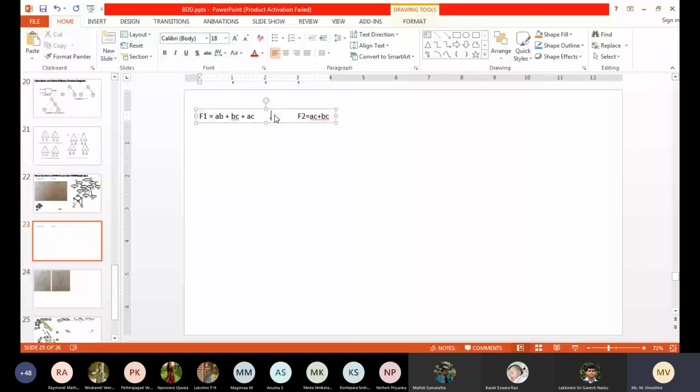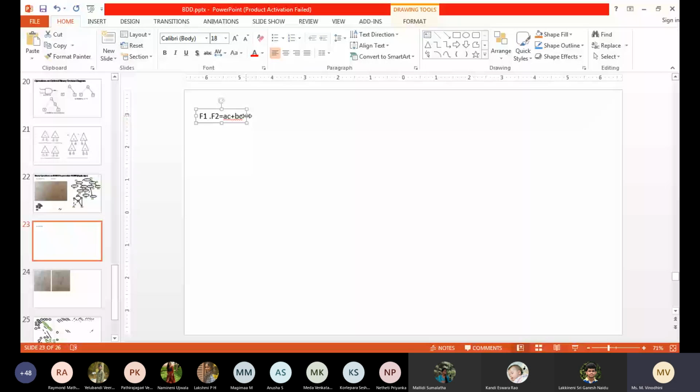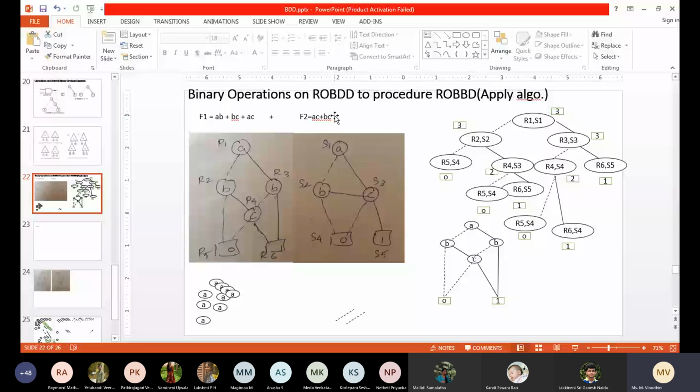If the question is F1 dot F2, same function only. There is no difference, same function only I'm taking. Now we did F1 plus F2. If I say F1 dot F2, will there be any change in the first, second, and third step?